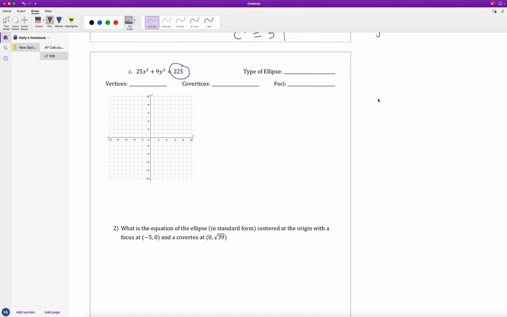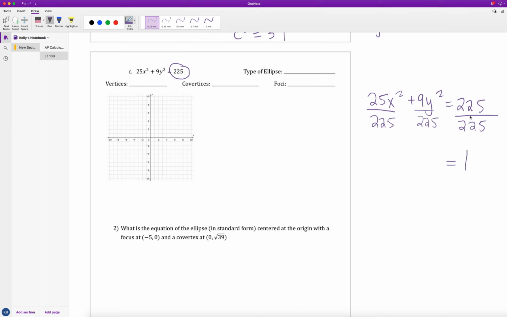So let's write out our equation on the side. We have 25x squared plus 9y squared equals 225. And now because I want this to be equal to 1, I'm going to end up dividing through by 225. And because I'm going to divide through it on the right side, I'm also going to divide through everything on the left side. So the x squared piece and the y squared piece.